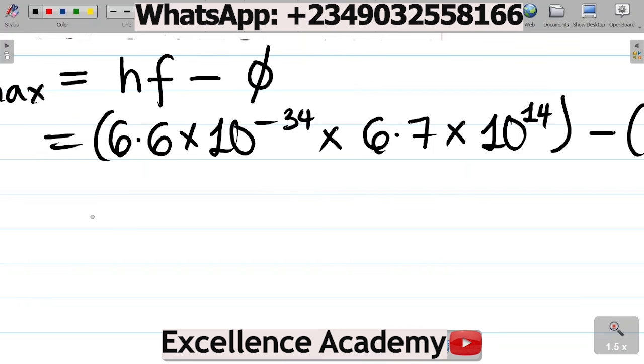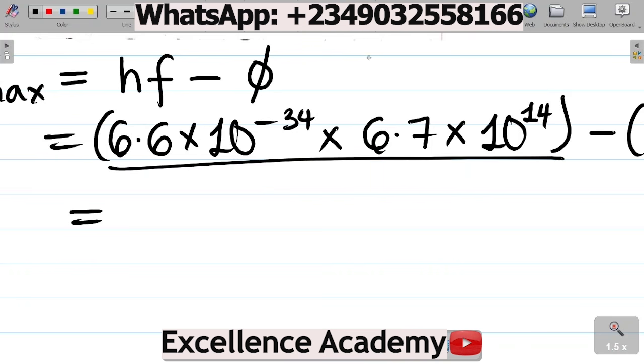So this is equal to, let's multiply the terms here. If you multiply that, you have 6.6 times 10 to the power minus 34, times 6.7 times 10 to the power 14.